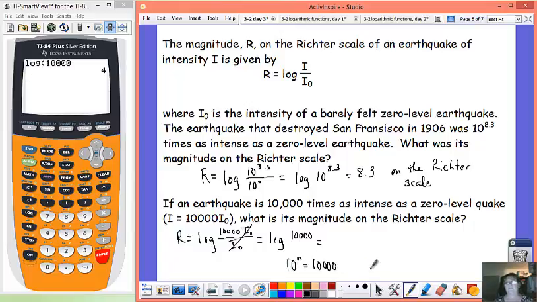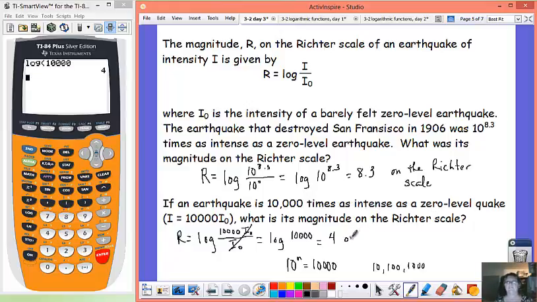You can figure that out really easily: 10 to the first is that, 10 to the second is that, 10 to the third is that, and you can see the power is the same as the number of zeros. So the log base 10 of 10,000 must be 4, it has 4 zeros, so on the Richter scale, a magnitude 4 earthquake is 10,000 times as intense as a zero-level quake.